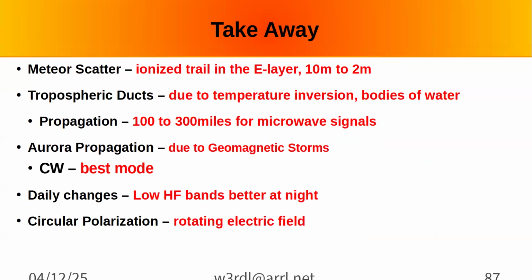We can get meteor scatter in the E layer, in the higher HF bands. You can get tropospheric ducting due to temperature inversions formed over water. And they can go up to 300 miles for microwave. Apparently, they also can have them at broadcast, MF, right?